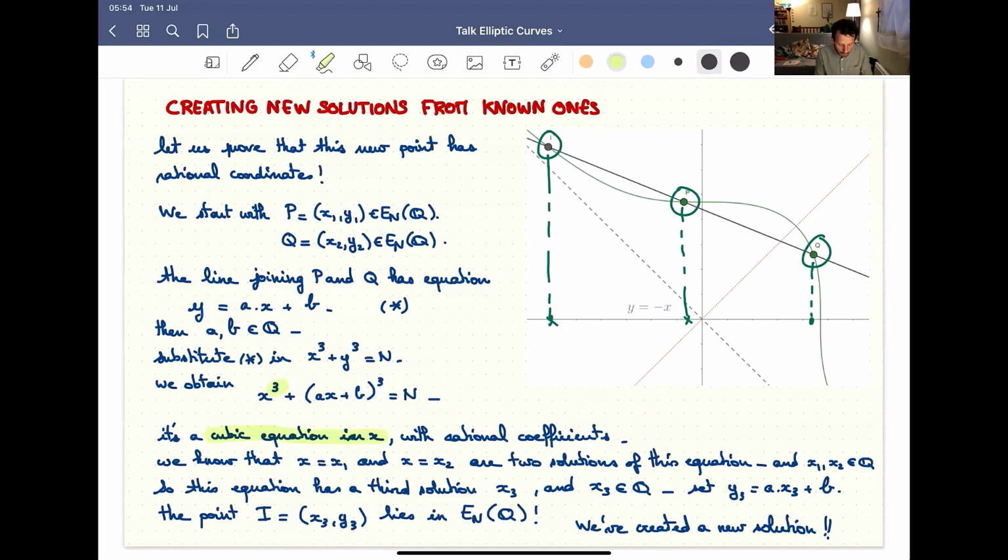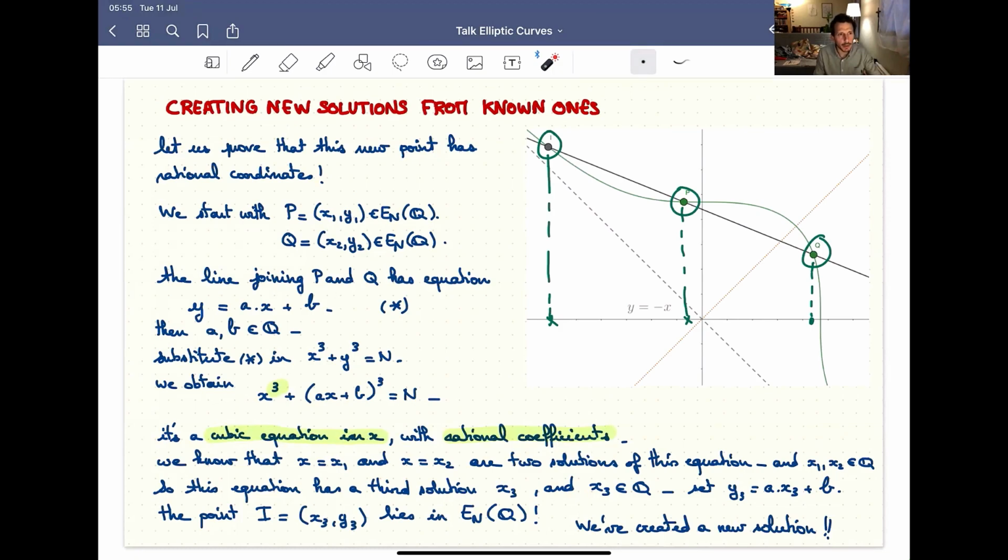And when you expand this, the coefficients are products and sums of a and b, a squared, b squared maybe, b cubed, and n. So all the coefficients are rational. So you have a cubic equation in x which has rational coefficients.